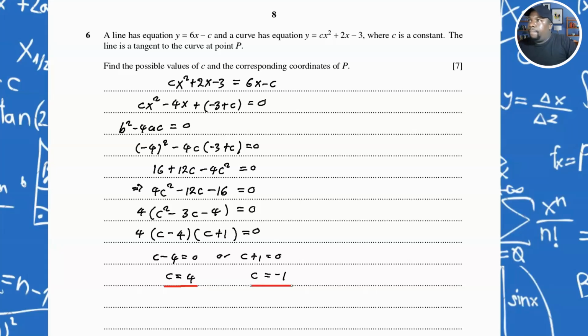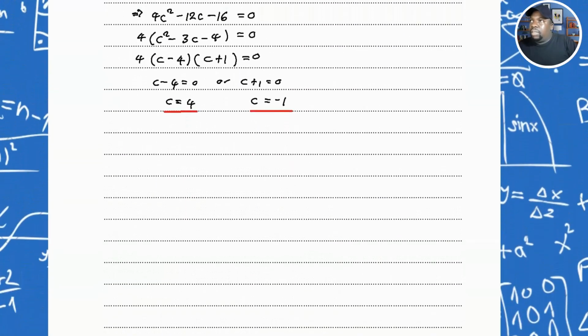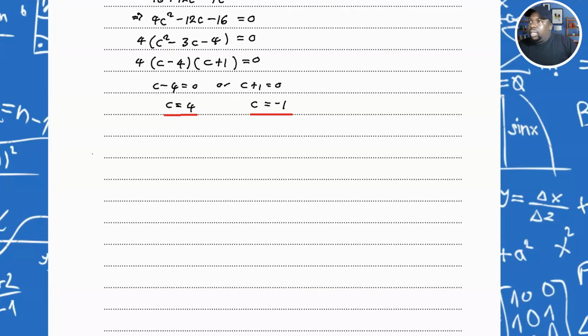So these are the possible values of c as required in this question here. Okay, so now that we have the values of c, the question also says and corresponding coordinates of P. Okay, let's take the situation when c is 4.